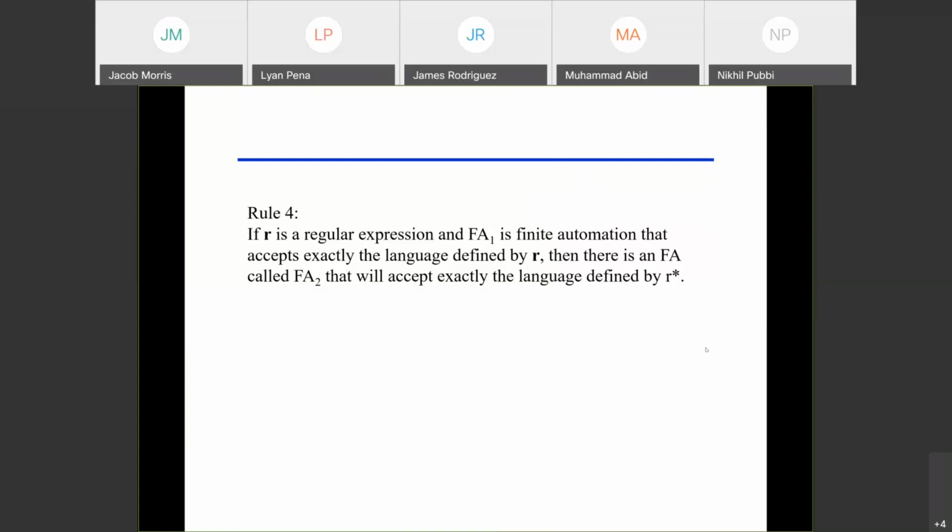Yes, guys. So today we will see this rule 4. We already covered R1 dot R2, R1 plus R2.